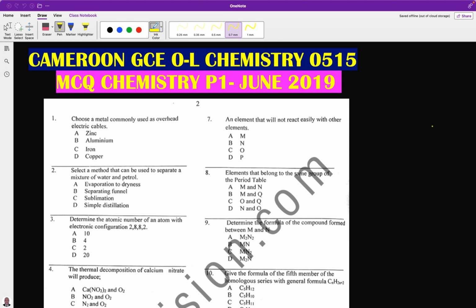It is not copper, it is not iron, it is not zinc, but the metal commonly used as overhead electric cable is aluminum. So B is the right answer.